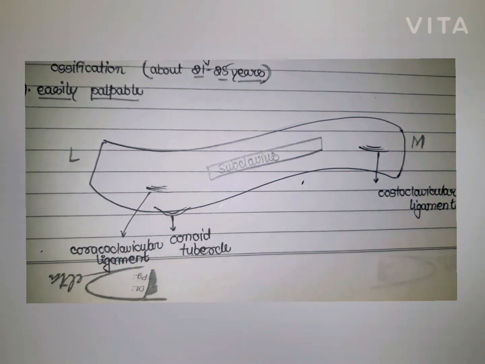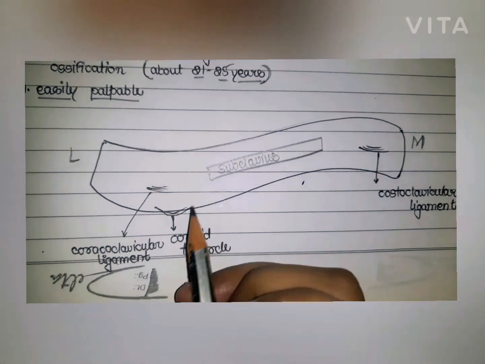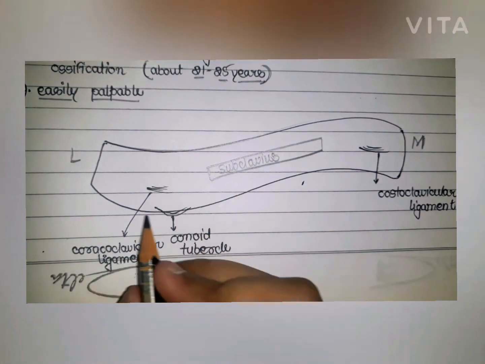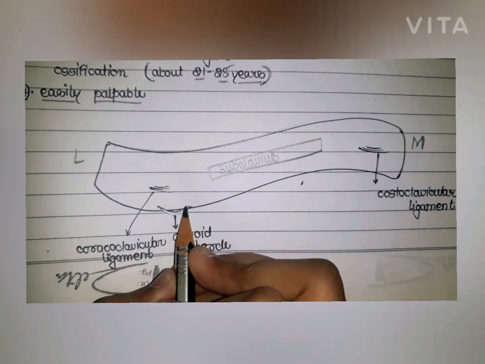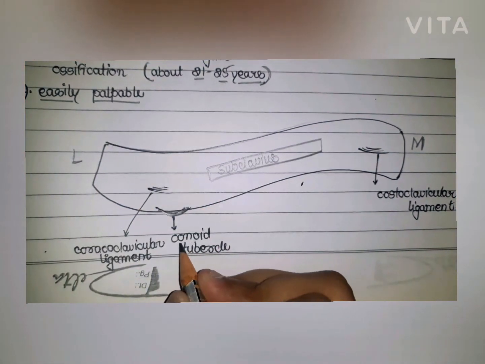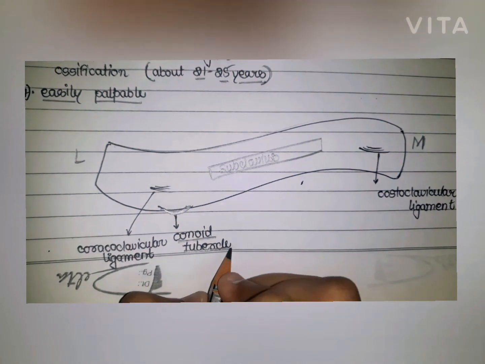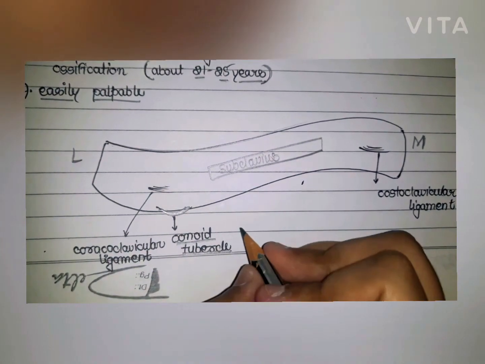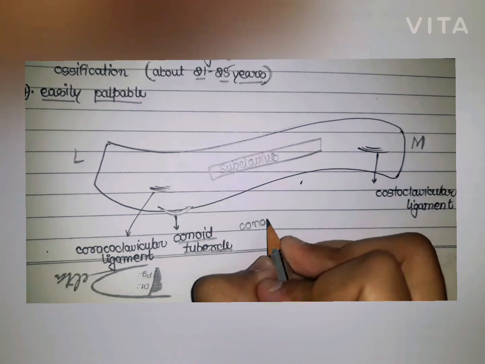Other things we should also learn: on the posterior side we have a ridge, or raised portion, which is also known as the conoid tubercle. Why is it important? Because here the conoid ligaments attach.